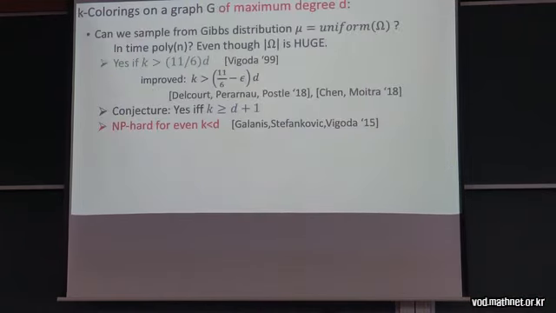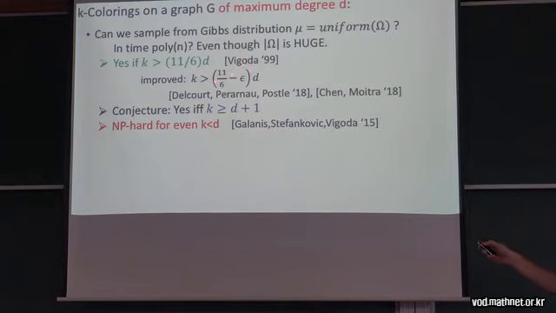So we're going to do kind of the backwards of this problem, but I just want to give you context on this, because this is going to come into play too. So when can we do this efficiently? Well, I had something from my thesis that showed when the number of colors was greater than 11 over 6 times the max degree, then you could do it efficiently.